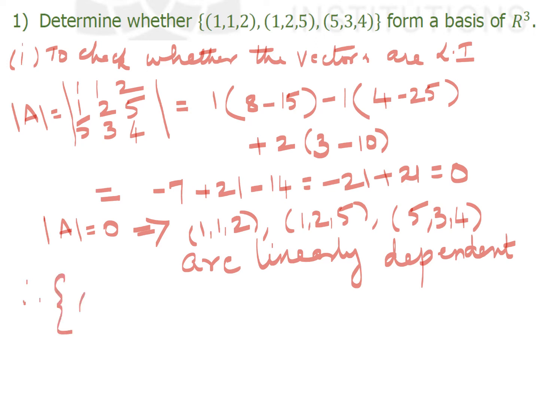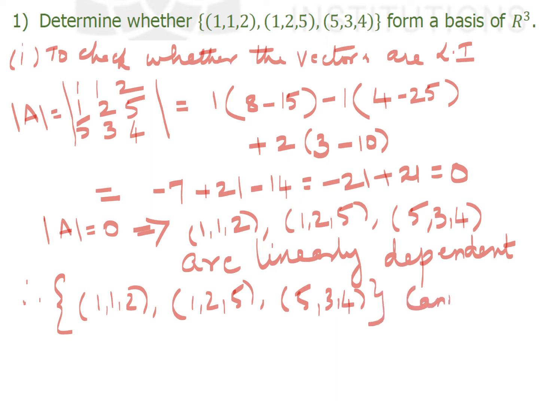Therefore, the set (1, 1, 2), (1, 2, 5), (5, 3, 4) cannot form a basis of R cube. Had the determinant been not equal to 0 and three vectors are there, then it would have been a basis. So here they have become linearly dependent. So it cannot form a basis of R cube.